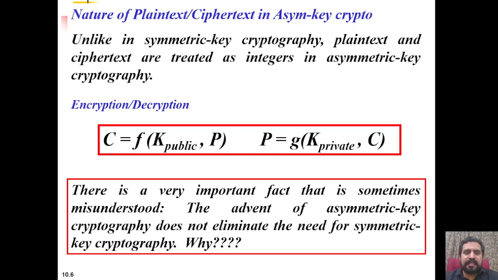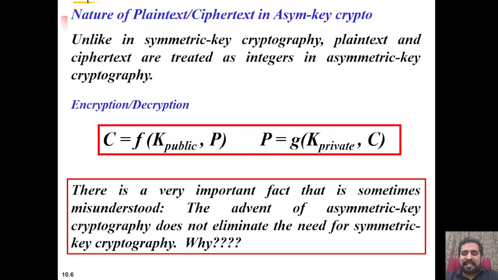Nature of plain text and ciphertext in the asymmetric key cryptosystem. Unlike symmetric key cryptography, plain text and ciphertext are treated as integers in asymmetric cryptographic systems, typically in the context of mathematical operations involving modular arithmetic.